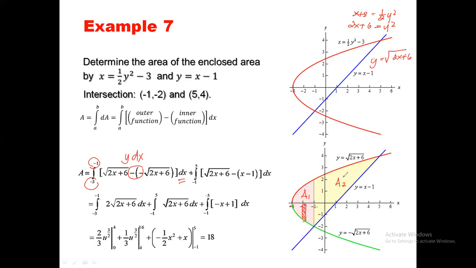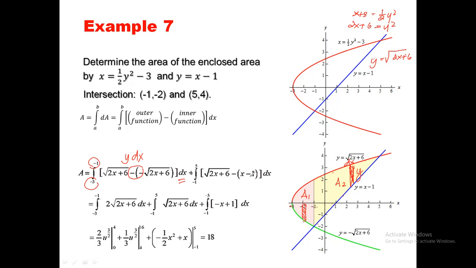What about this? You can also use here the vertical strip, but this one no need to multiply by 2. Okay, there's no need to multiply by 2 because you have here the y of the curve minus the y of the line. And it's consistent in whichever location you're going to plot your differential element. So the y of the curve is square root of 2x plus 6. The y of the line, this is your line, is x minus 1.